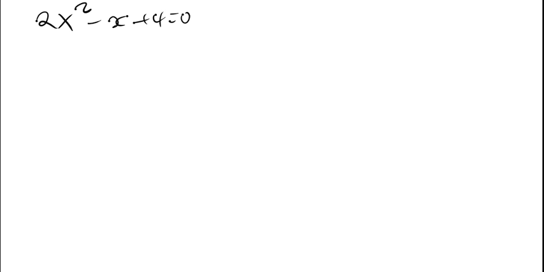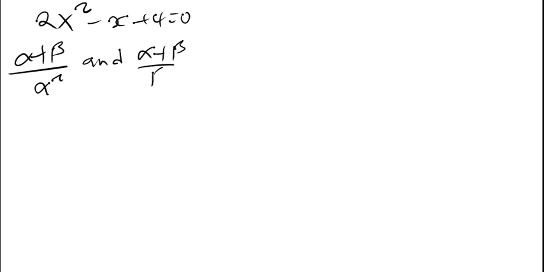Find the quadratic equation with integer coefficients which has the roots alpha plus beta divided by alpha squared, and alpha plus beta divided by beta squared. Now they want you to find the equation whose roots are these.